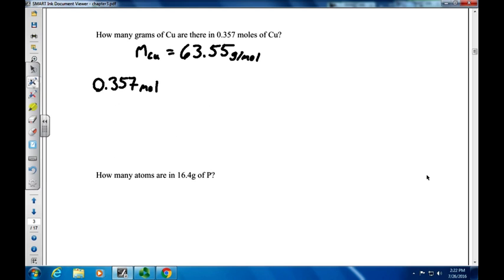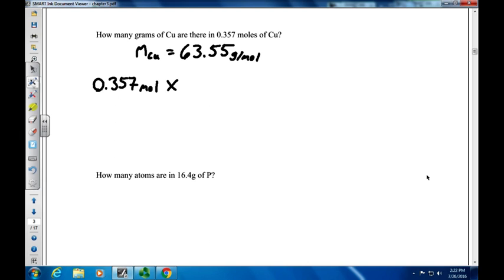So our end result will have 3 significant figures because, again, we're multiplying. And whenever you multiply or divide, you're going to use the least number of significant figures as the guideline for your answer.